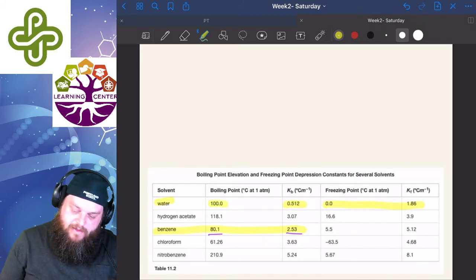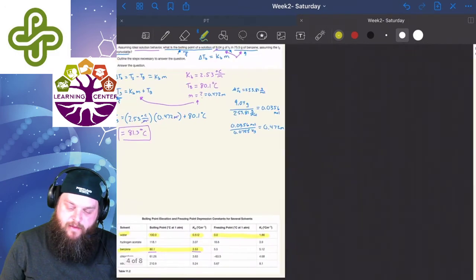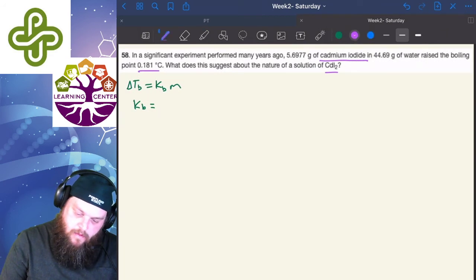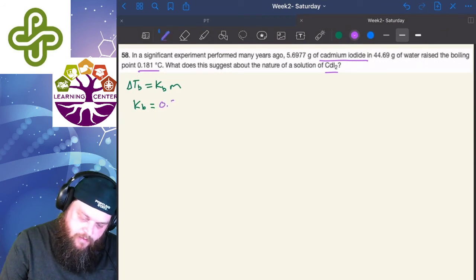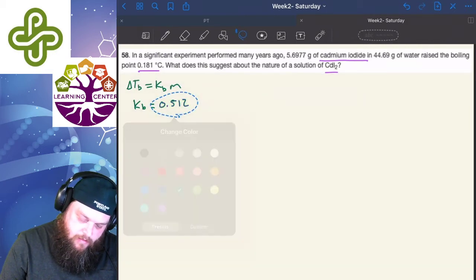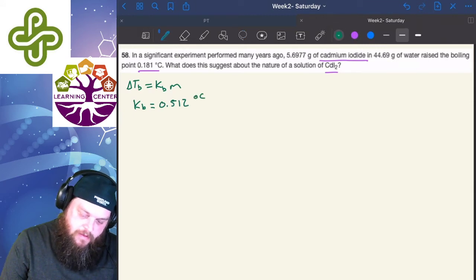We know 100 degrees Celsius and 0.512 is the Kb, in degrees C per molal.